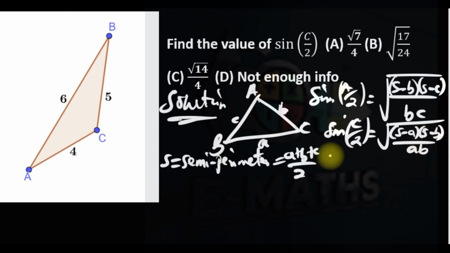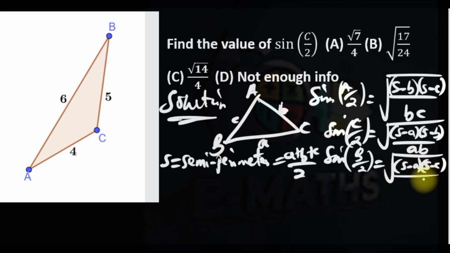Likewise, if you have sine B over 2, it is equal to square root of x minus A, x minus C over AC. So that's it. From here we can easily see that our C is 6, our B is 4, and our A is 5.